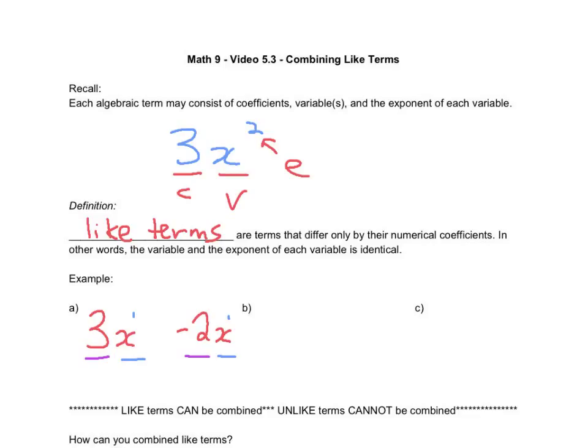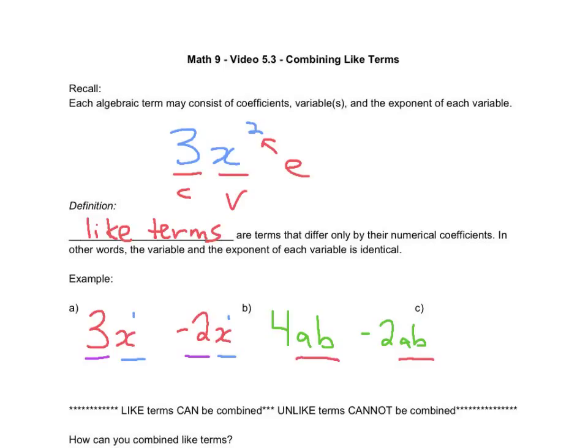Let's do another example here: 4ab and negative 2ab. These would be like terms because again, the variable part of it, they both consist of an a and a b. The exponents on those a and b are also the same.